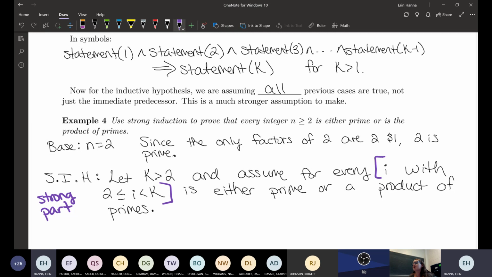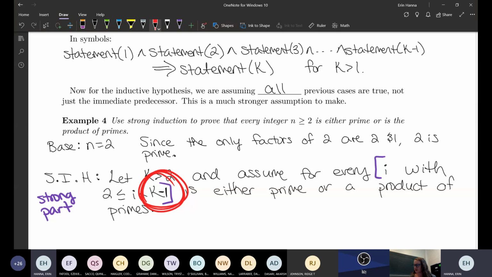We're essentially saying assume this is true for every single case between 2 and, sorry, it should be k minus 1. So assume it's true for 2 through k minus 1. So sorry, fix that really quick. I'll circle it in red so you know that I messed it up.